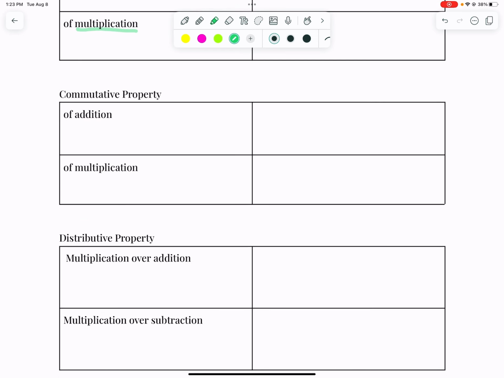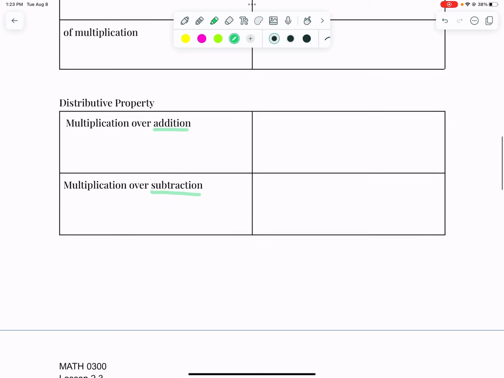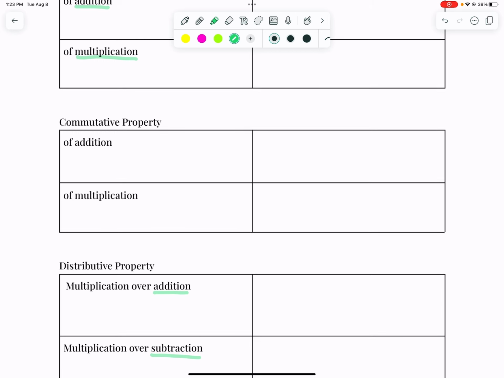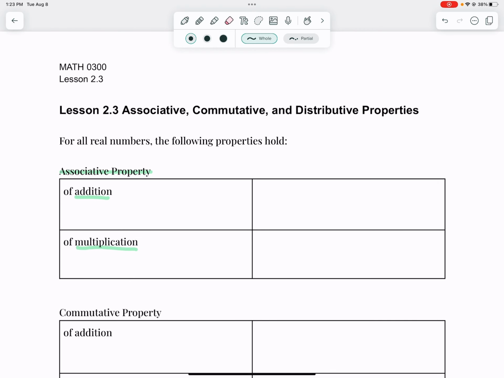When you look at the second one, you have addition and multiplication. When you look at the third one, the distributive property, it applies to addition and subtraction. So when you're working with these, one size doesn't necessarily fit all. But let's start with the associative property.